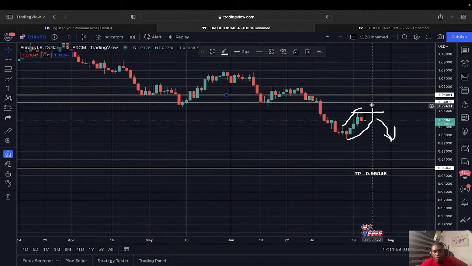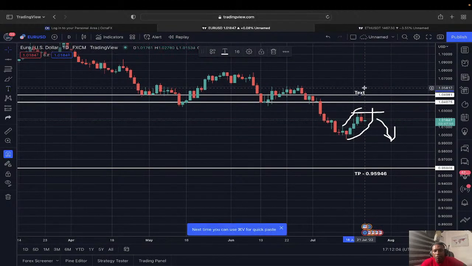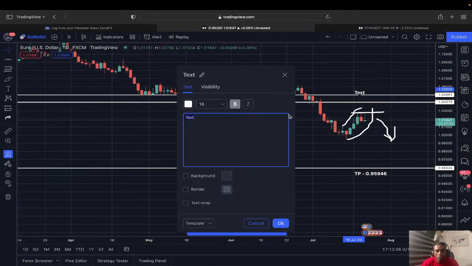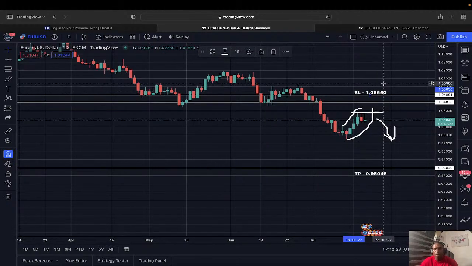So you can have a stop loss here, at 1.05650.